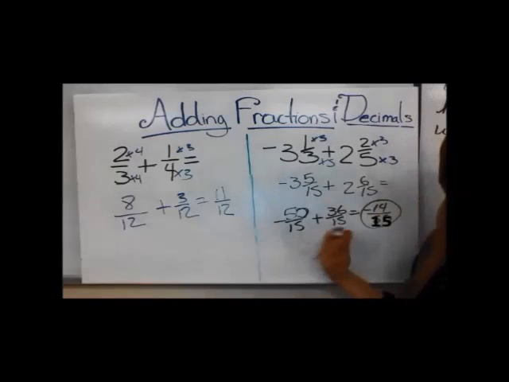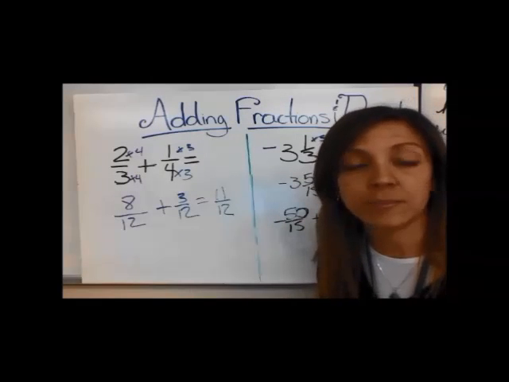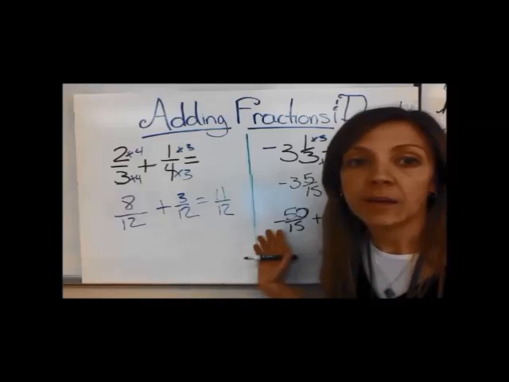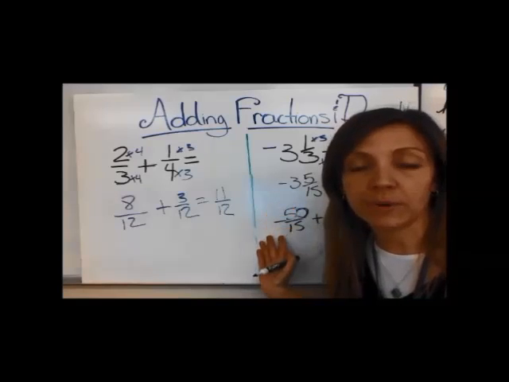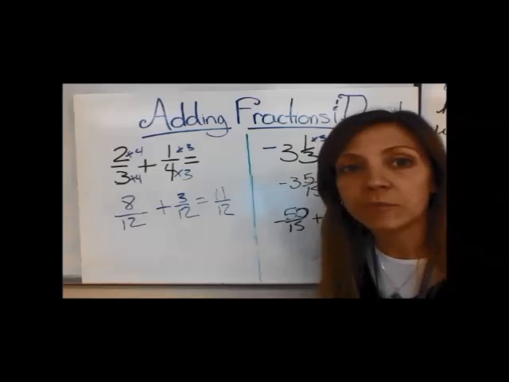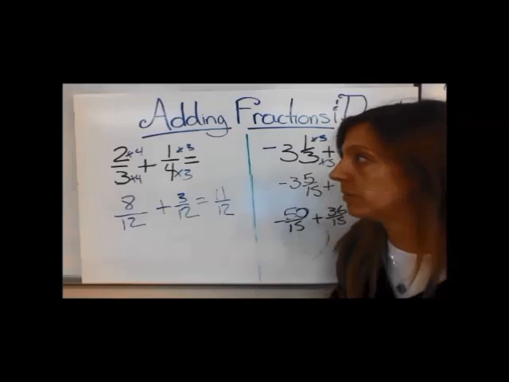Okay, and I get -14/15. So I got the same answer all 3 ways, but I came about getting my answer in a different method. This way, changing mixed to improper is a good method. All three of them you're welcome to use, but take one of them and choose it and adopt it as your own.